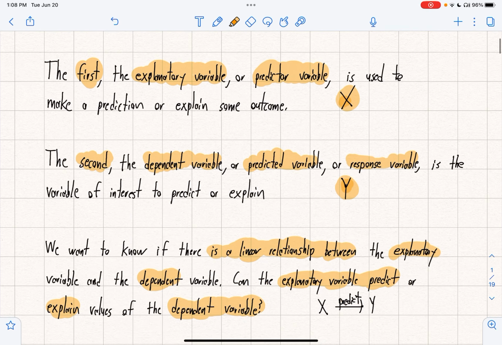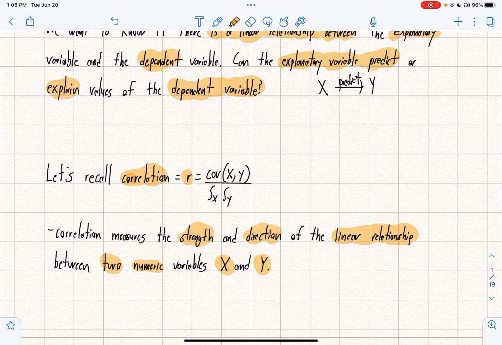Instead, it's just seeing, do they move together? If x increases, does y increase or decrease? If y increases, does x increase or decrease? So it'll tell us the strength. Recall that correlation is between -1 and 1. So by strength, we mean the correlation is stronger when we are closer to values of -1 and 1.